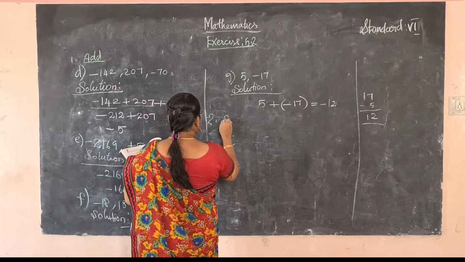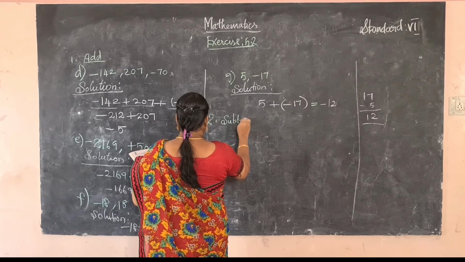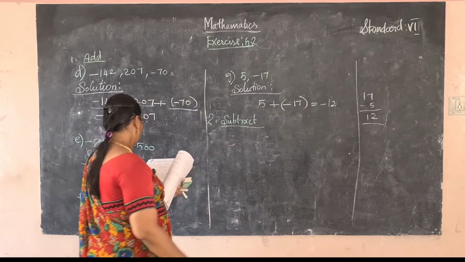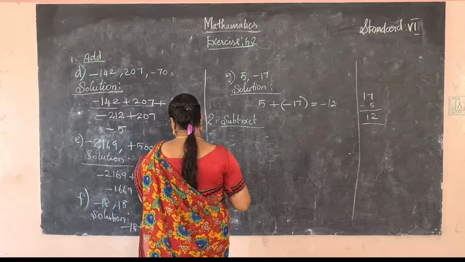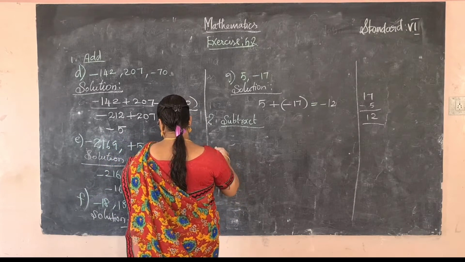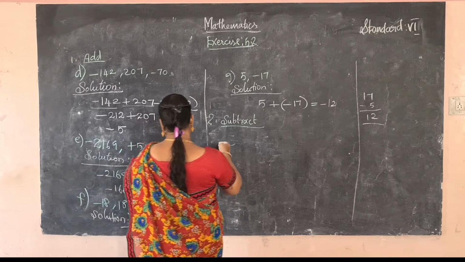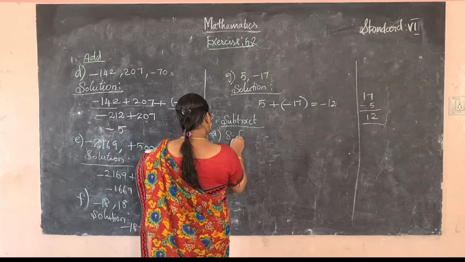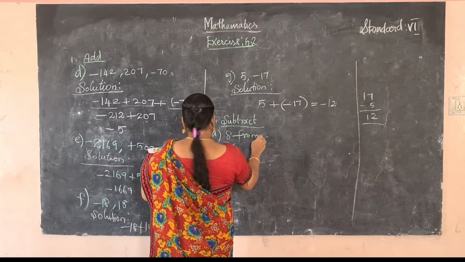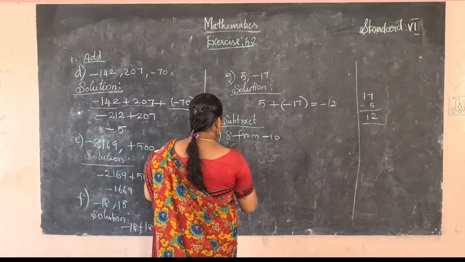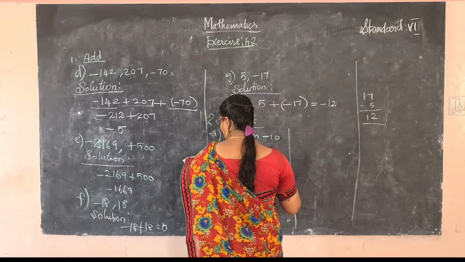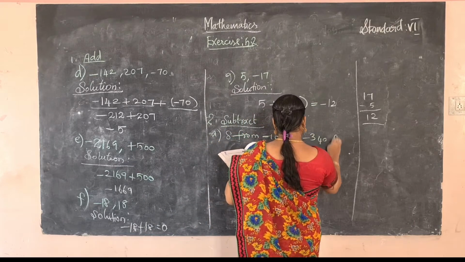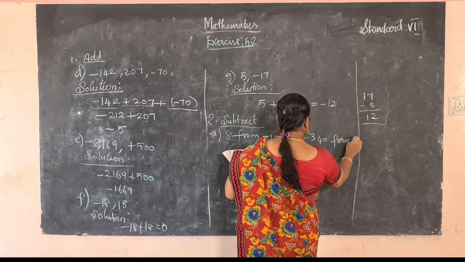Second one, subtract. A problem: 8 from minus 10. This is the first one. And second one, B: minus 340 from 500.